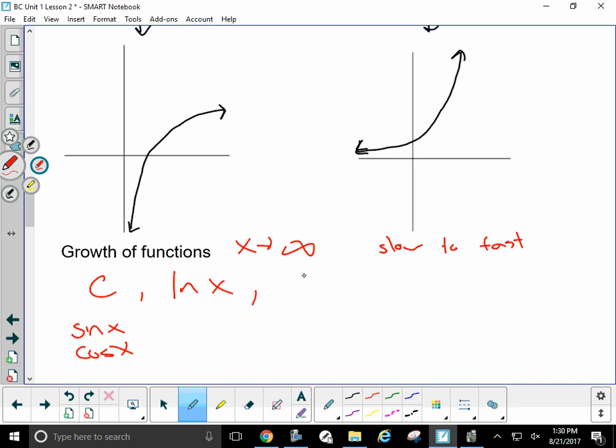Then stuff that grows x to powers, it will grow fast, but it will not grow anywhere as fast as numbers to powers, numbers to x powers, which will grow the fastest. Including in here is like 2 to the x, 3 to the x, e to the x, all those. Okay, no growth, extremely small growth, growth, exponential growth.